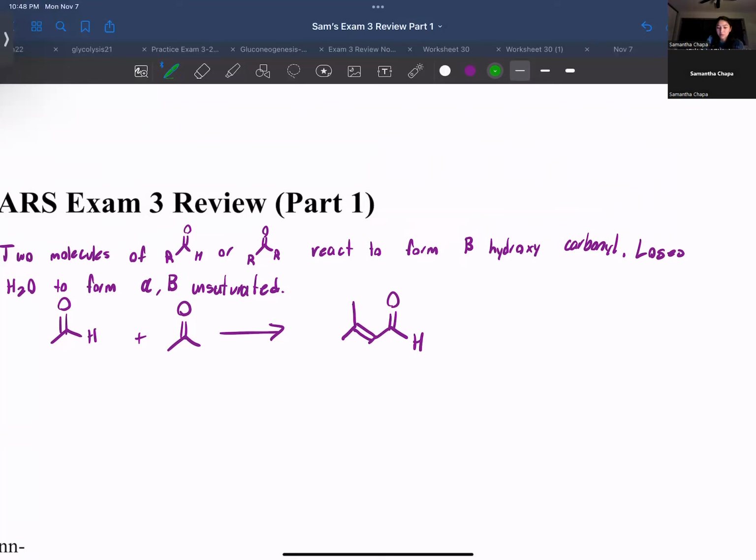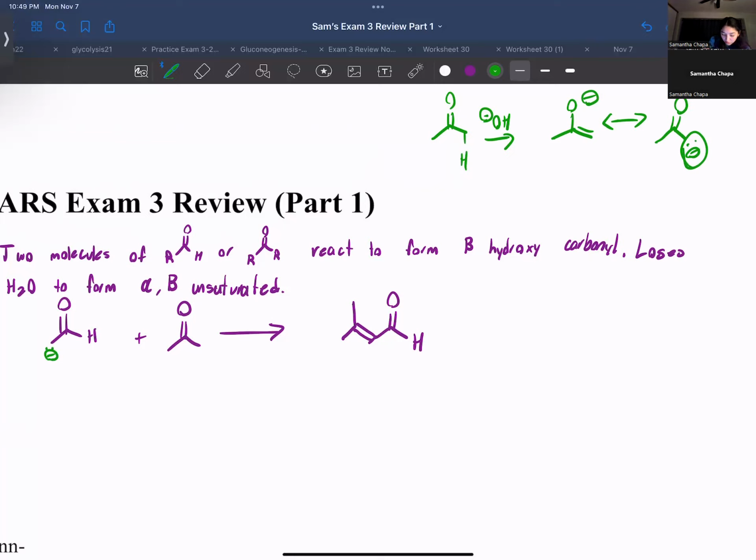We're deprotonating the alpha carbon in order to make an enolate. Let me show you the resonance structure. Deprotonating the alpha carbon, and notice how my nucleophile here is a carbon. There are several products for these, but the one that I chose is to make an enolate right here.